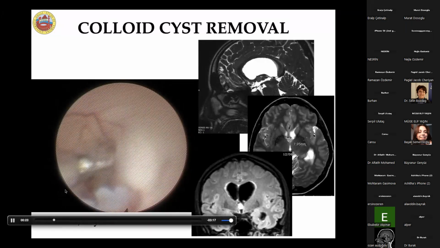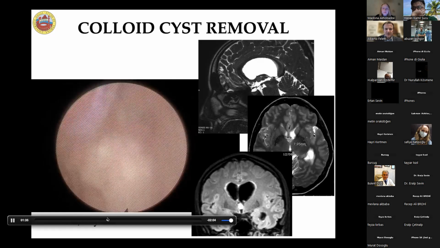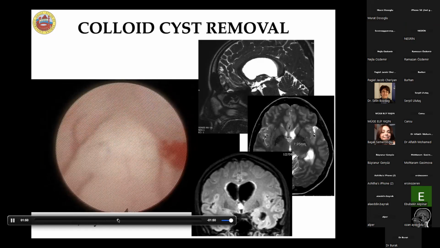This is a case of colloid cyst of the third ventricle, as you can see from the images, and this is the removal. First, the content, which in this case was quite thick. In some other cases, the content is more fluid, and so we have to aspirate it.